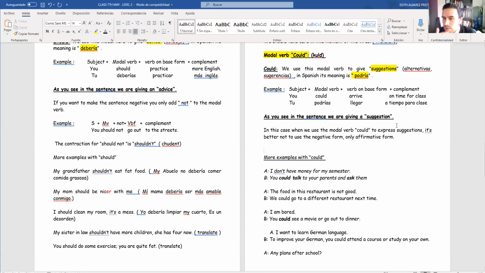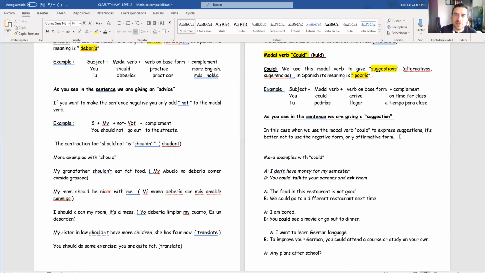In this case, when we use the modal verb could to express suggestions, it's better not to use the negative form, only the affirmative form, okay? That's why all the examples are with affirmative sentences.